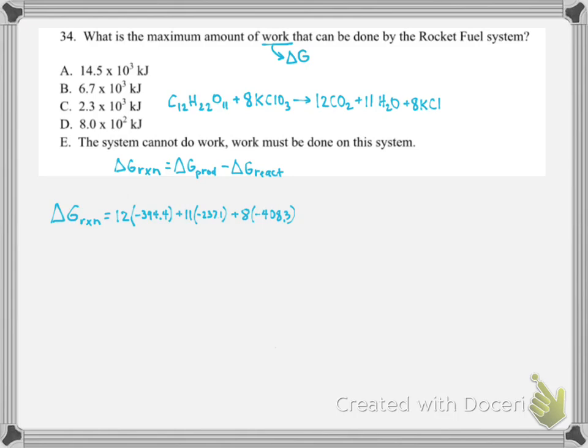So we have our products, and now we're going to subtract the reactants. So we have 1 mole of that sugar, and that's negative 1544.3. And then we have 8 moles of KClO3, which is negative 289.9.